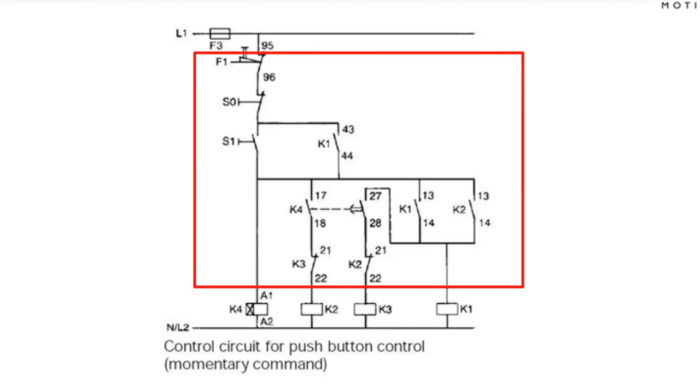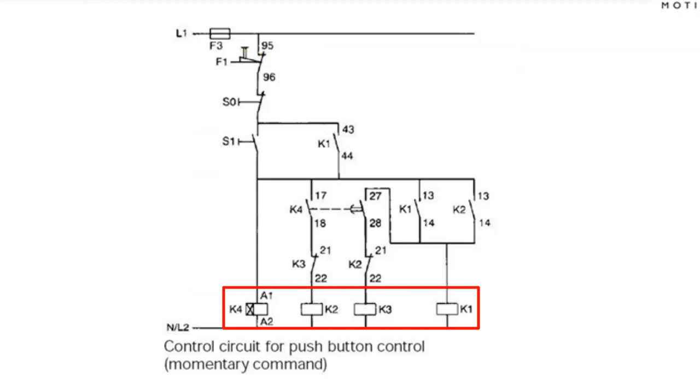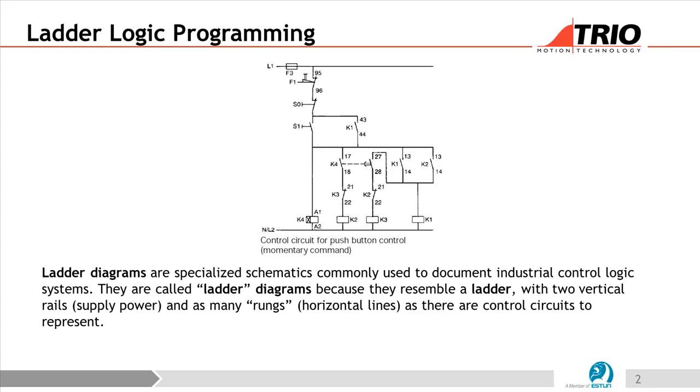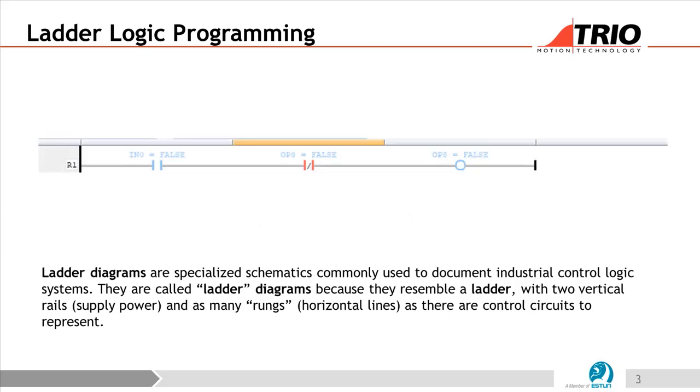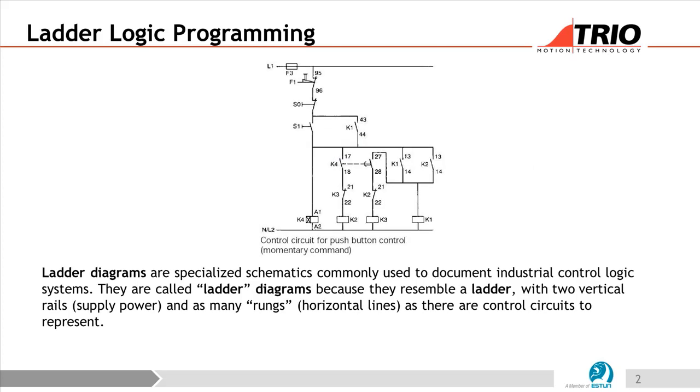So contacts, and you've got coils to activate. So it's very easy to understand if they come from the same platform or same structure. So the ladder logic is built to do just that. If you imagine that, and then you rotate it 90 degrees counterclockwise, you have ladder logic.